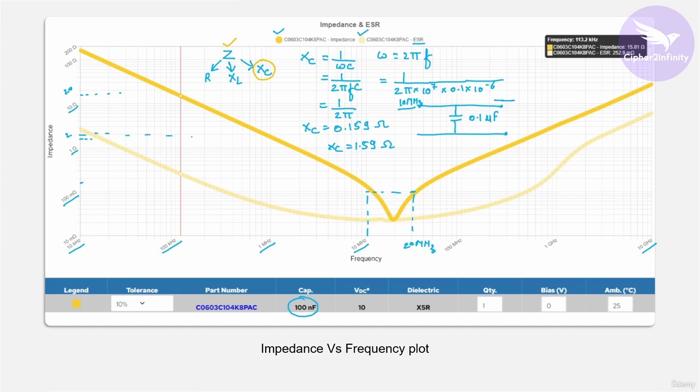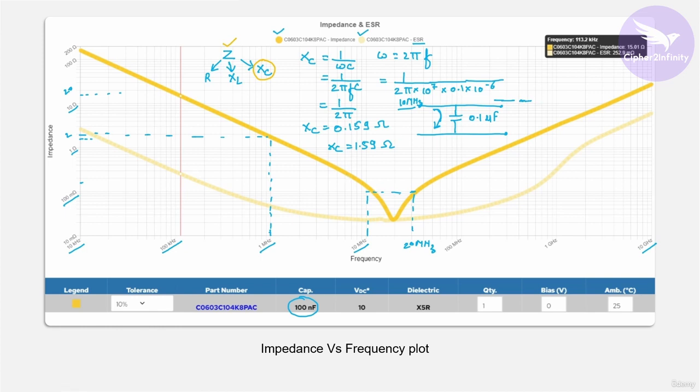Let me extrapolate these points. For 1 megahertz, the impedance is 2 ohms, so this capacitor behaves like a 2 ohm impedance. Most of the signal will go towards the ground, but some signal will appear on the output side.